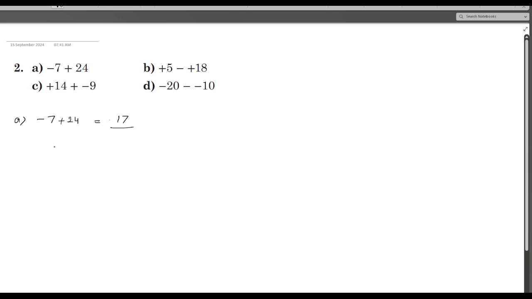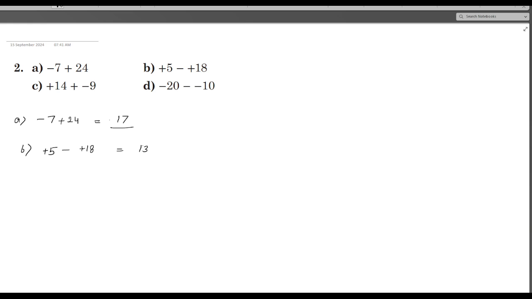B part. We have plus 5. So I can write only 5 plus 5 minus plus 18. So from 5 we are subtracting 18. Okay, so I will take the difference. 18 minus 5 is 13, and here the bigger part is 18.